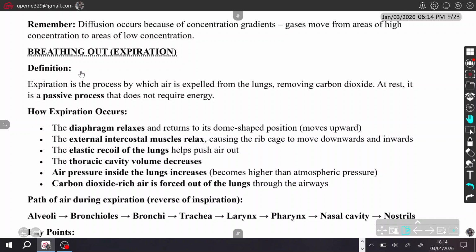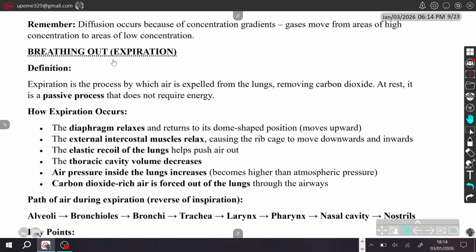Now we come to breathing out, which is expiration, the removal of gases from the lungs, which is part of gaseous exchange. So let's proceed to explaining.